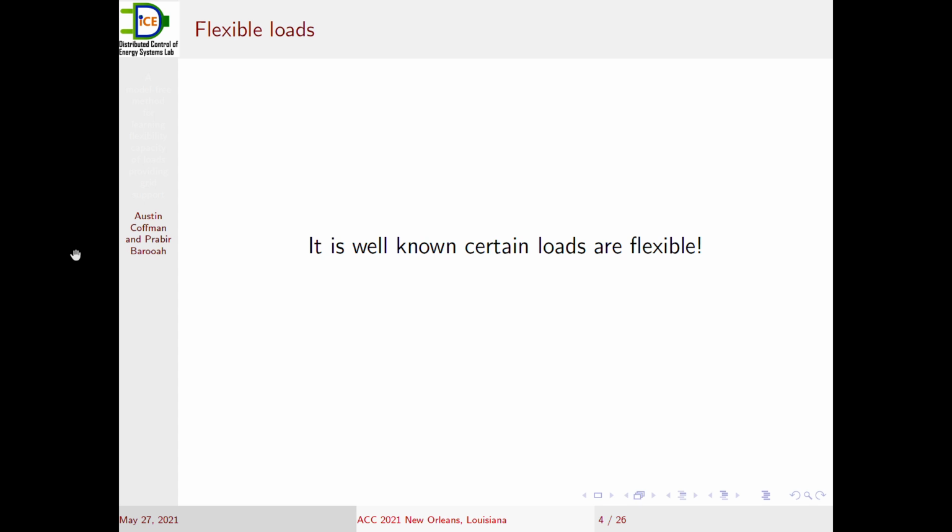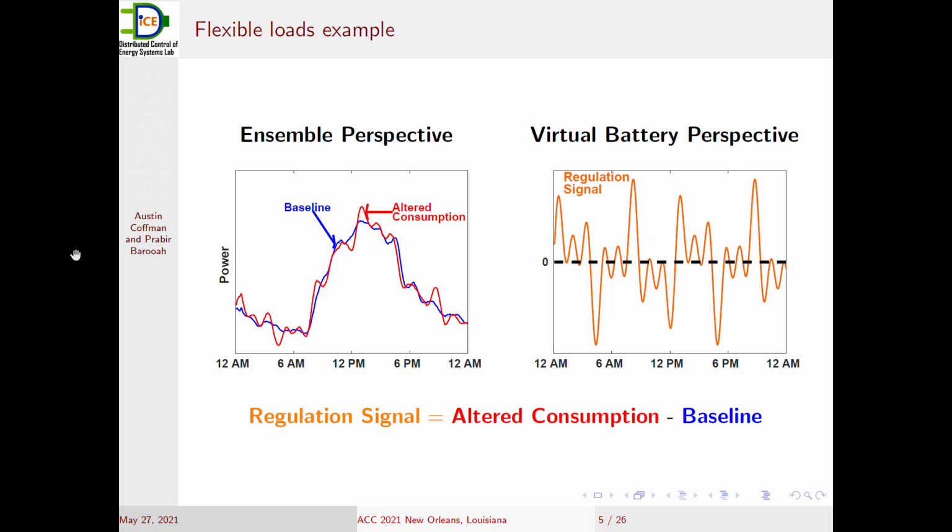Now, it is well known that certain loads are inherently flexible and can operate as storage type services. To see this, imagine you have an ensemble of flexible loads whose baseline is given by the blue line. The baseline is the power consumption that the loads consume on any given day without helping the grid.